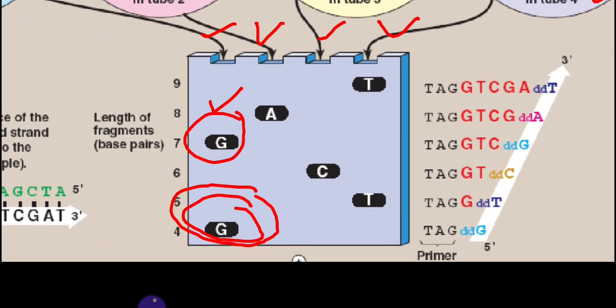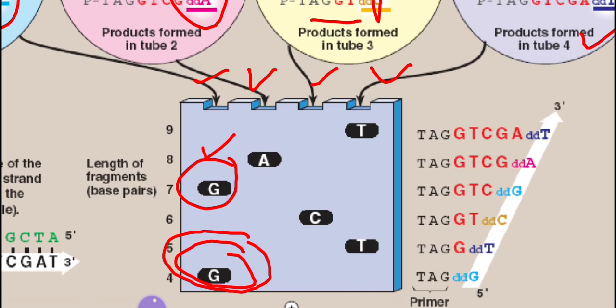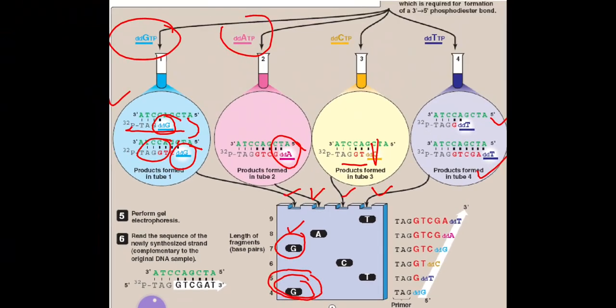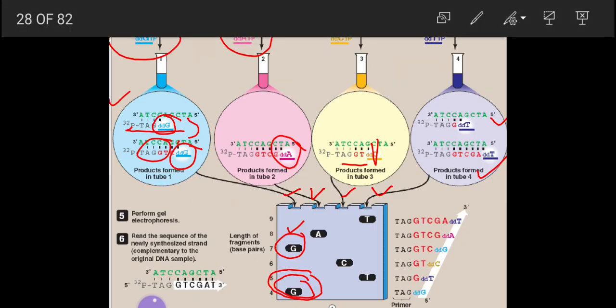So we know that in the first lane we load the sample which contains the dideoxy G. First of all, we know that our primer contains the TAG. So the first base which is inserted is at the lowest end. So the first base is the G.